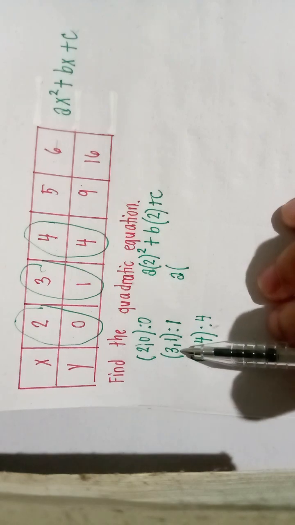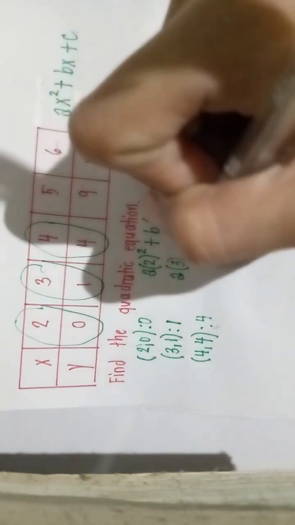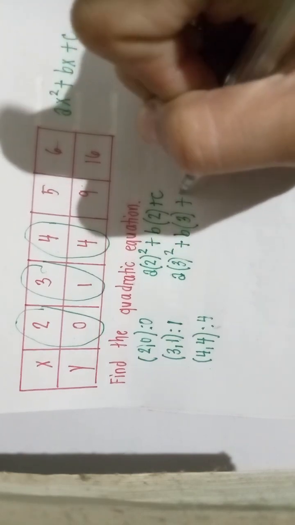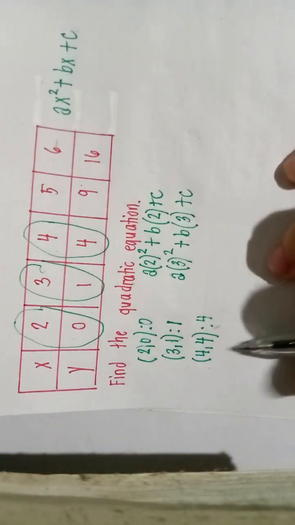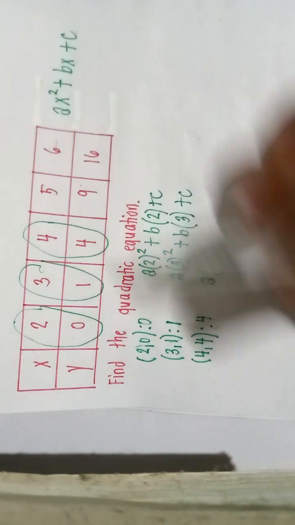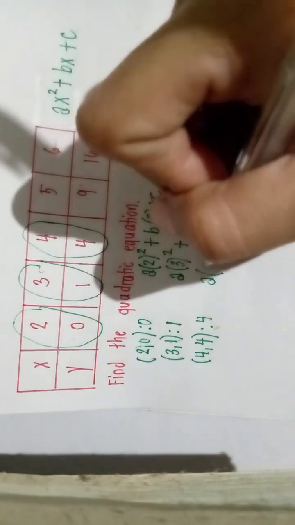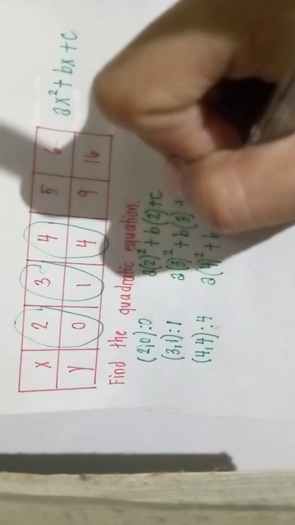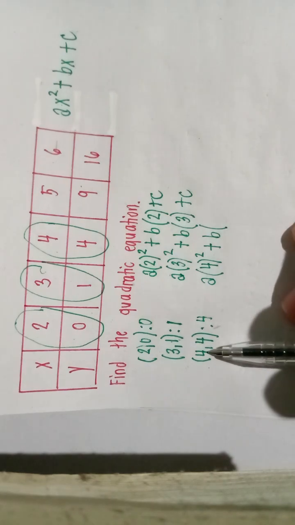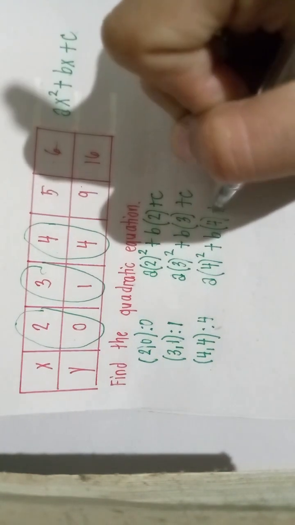In this case, we have 3. So 3 to the power of 2 plus b times 3 plus c. And for the last point, we have a times x, in this case positive 4. 4 raised to the power of 2 plus bx, so we multiply by the value of x, we have 4, plus c.